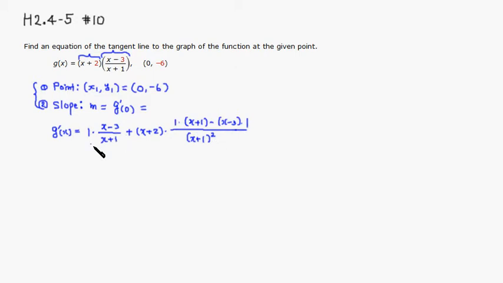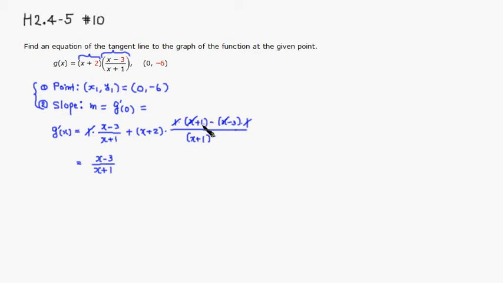So let's clean up a little bit. First term, multiplying by 1 doesn't do anything, so you're going to get just x minus 3 over x plus 1. Here the 1 doesn't do anything, so I'll just ignore those, and you can see that there's an x minus x, so you can cancel those x's.